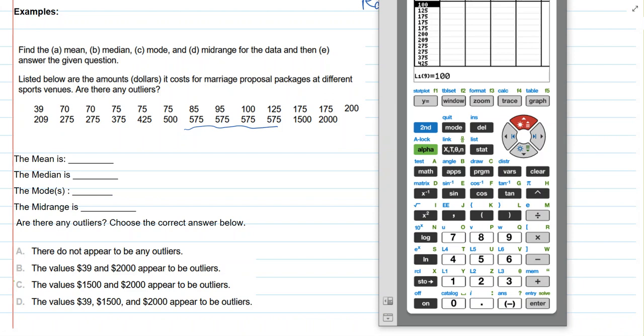There you go. 125, 100. I'm getting 95, 75. Oh, 85, right? 75 is 1, 2, 3, 70, 70, and 39. Wow. Well, that's crazy, right?